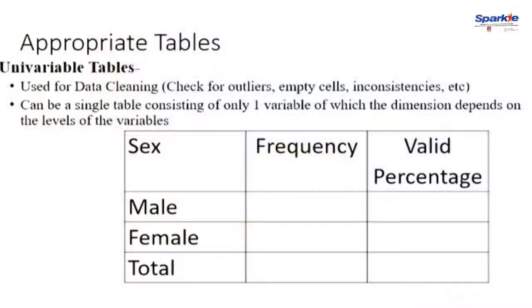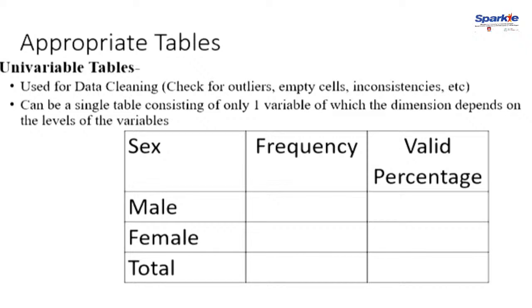Okay. So appropriate tables, univariable. This is what you have. Use for data cleaning, check for outliers, empty cells, inconsistencies, etc. Can be a single table consisting of only one variable, of which the dimension depends on the levels of the variable.